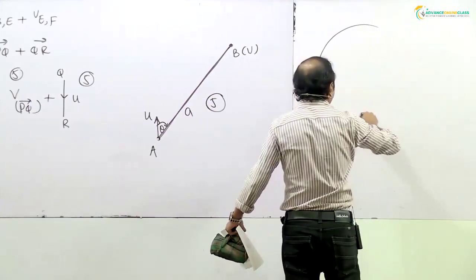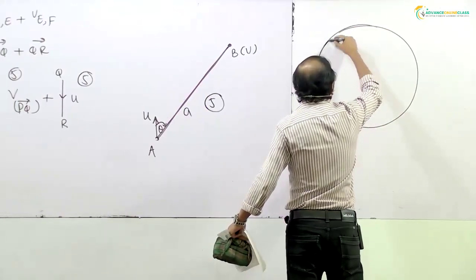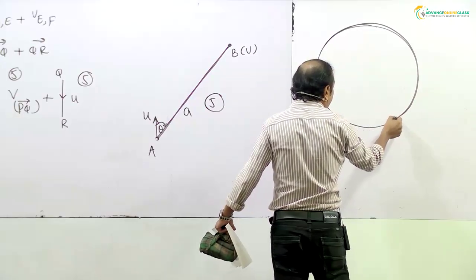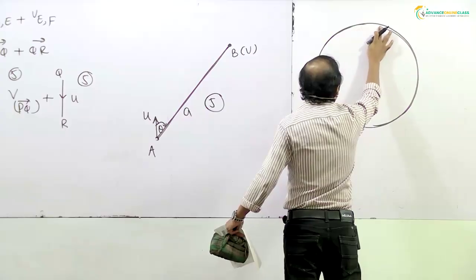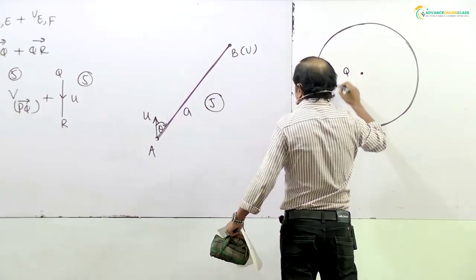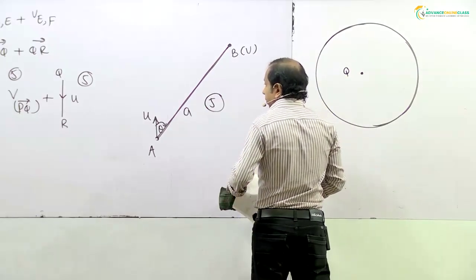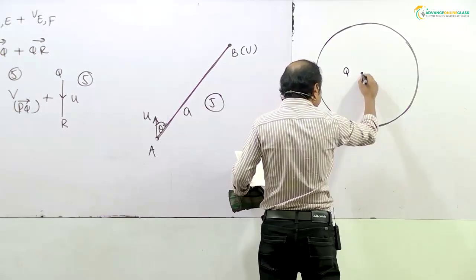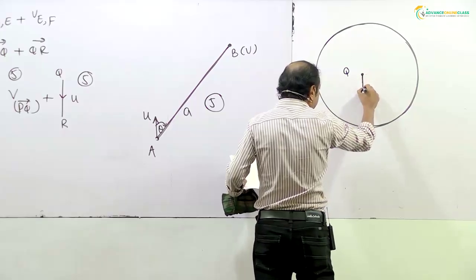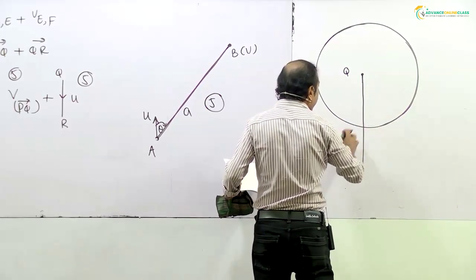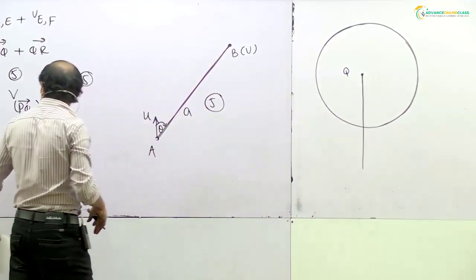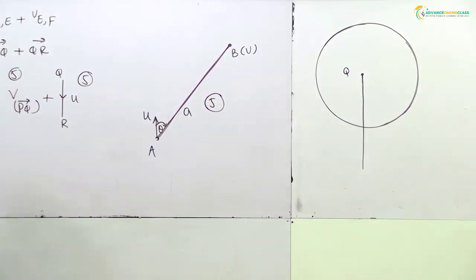This is a circle, center Q. QR, this is U. Radius is V here.